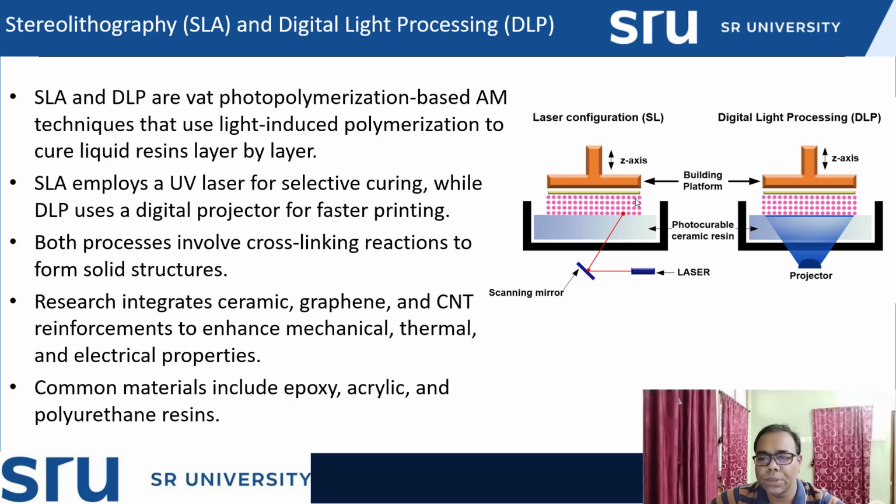In the light energy system, only a very small area falls on the liquid surface, so a small area can be cured, or solidified, in one scan. It takes more time to scan the entire area and complete solidification. In the DLP configuration, projector light is used, which covers a wide area of the material, so in one go it can scan the entire area and solidify it.